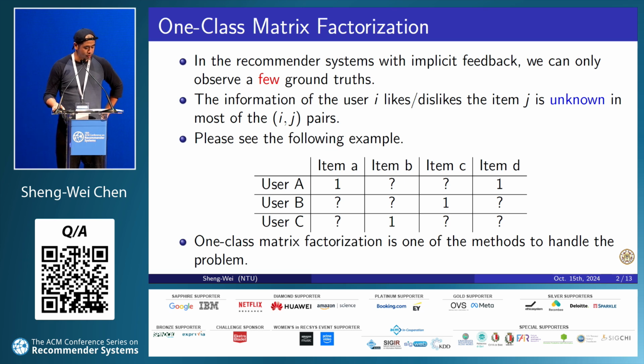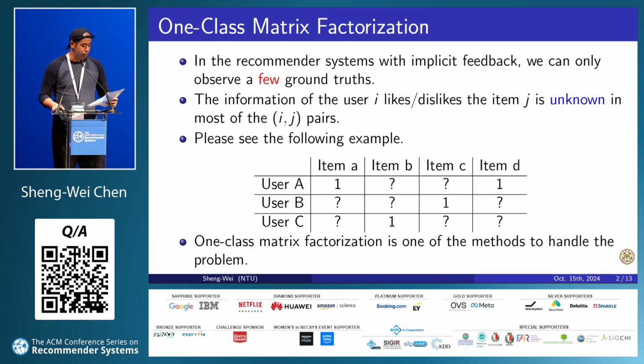In recommender systems with implicit feedback, we can only observe a few ground truths. In other words, whether user i likes or dislikes item j is unknown in most of the ij pairs.